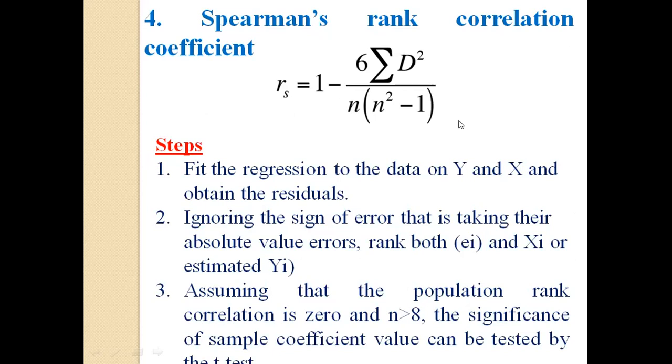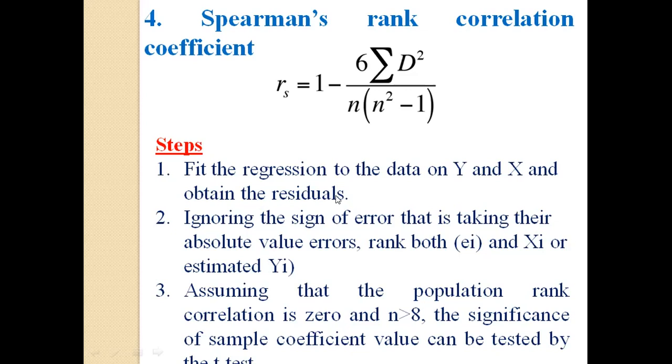Here we can use this kind of test for heteroscedasticity too. Simply, we need to understand the error values and the explanatory variable, and examine whether there is any relation between the two variables or not. In that case, fit the regression to the data on y and x and obtain the residuals.